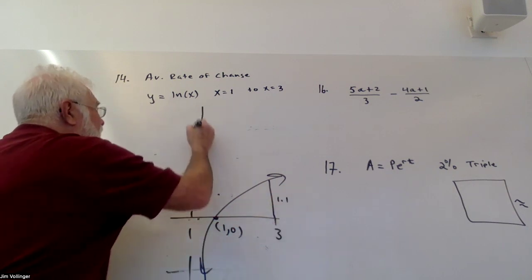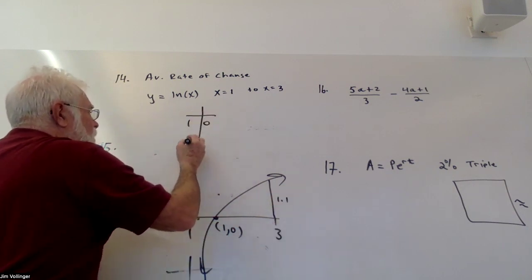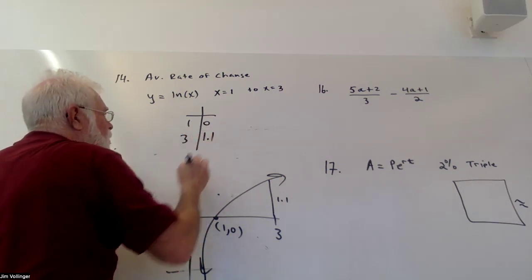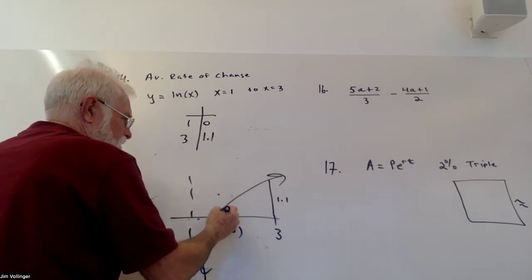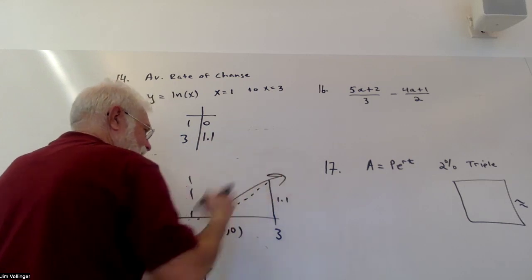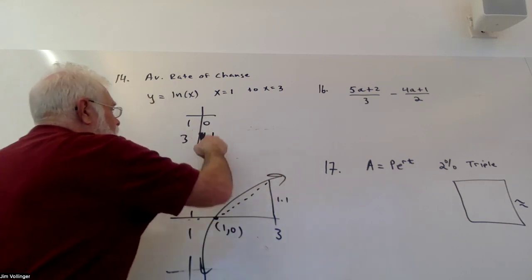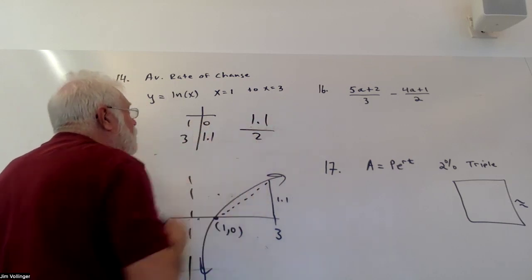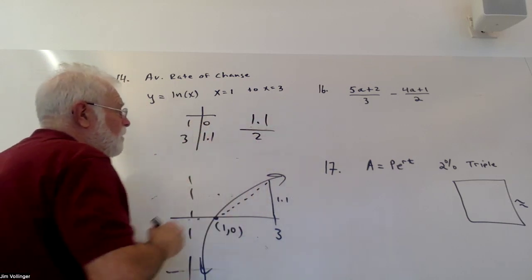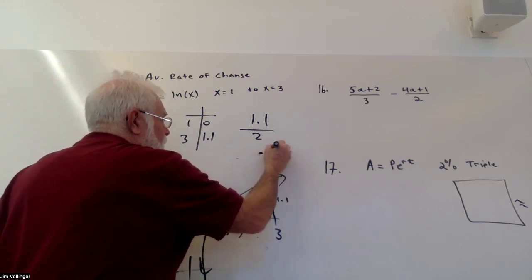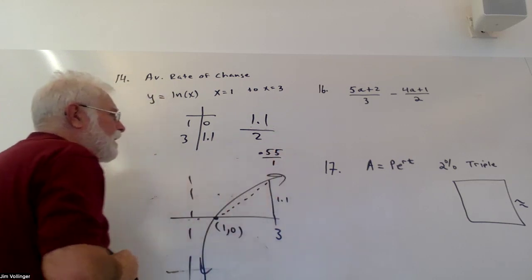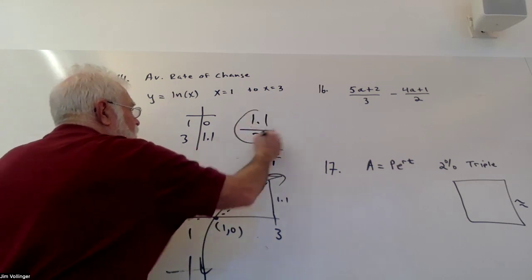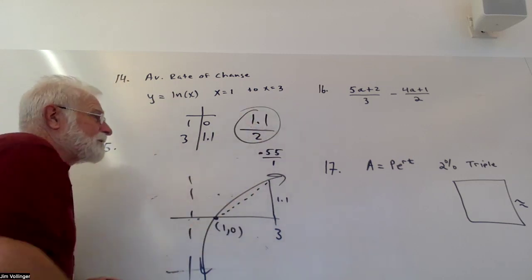So it looks like I have a table where 1 gets us 0 and 3 gets us 1.1, and I want to know a slope. How do you get from 0 to 1.1? You go up 1.1. How do you get from 1 to 3? You go up 2. Sure looks like it's about a 0.55 to 1 ratio of change. We can leave it like this as far as I'm concerned after the concept.